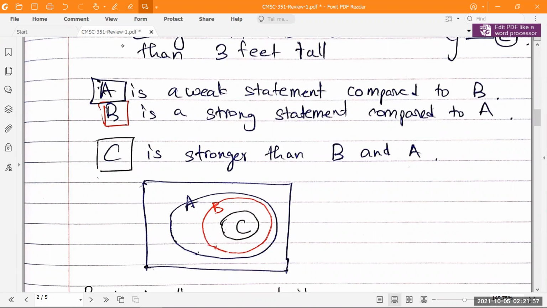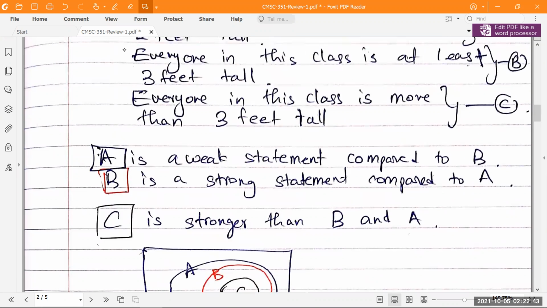There can be many classes inside A. Some of these classes might be inside B. For example, if there is a class in which all the students are taller than 3 feet or 3.5 feet, it will be inside B, and it will also be inside A. So there are statements which are in A but not in B, but all the statements in B are in A. So weaker statements make broader classes or sets because it's easier to get into A than to get into B.